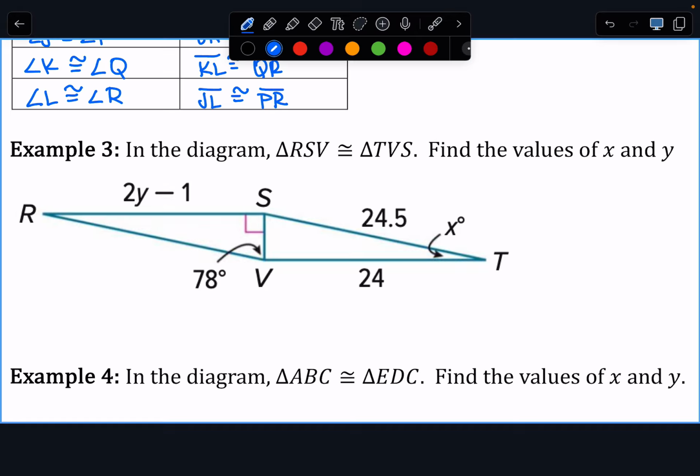I'm more looking for a number. If this is 90 degrees and this is 78, what's left over? 12 degrees. So what angle does R correspond with in the other triangle? Angle T. So, x equals 12.